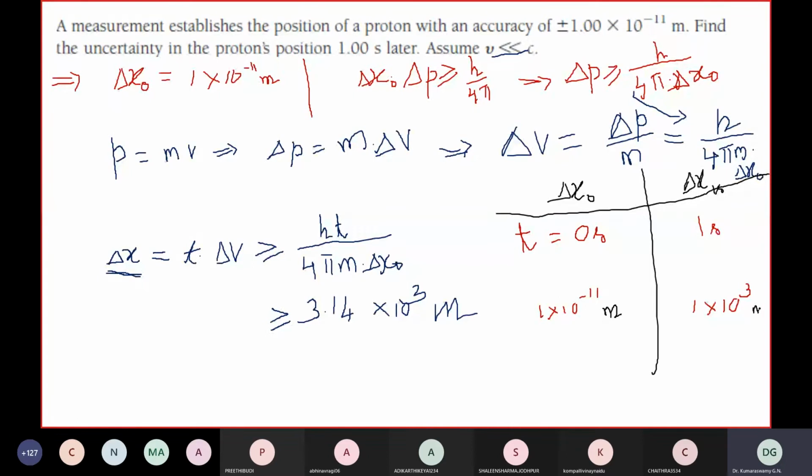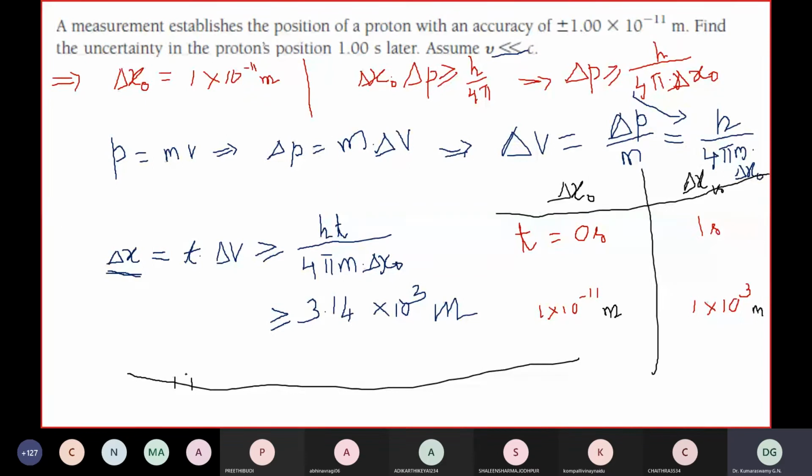At the first point, proton may exist anywhere in 1 into 10 to the power of minus 11 meters. So let's say it is moving along x-axis. We mark these 2 points, which is 2 into 10 to the power of minus 11 meters apart. That is delta x is plus or minus 1, right?